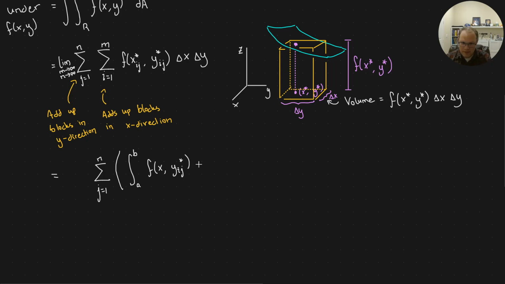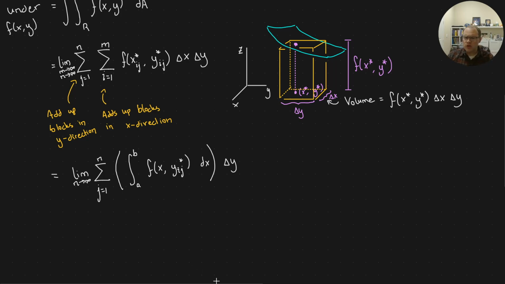We're holding the y fixed, but we're integrating with respect to x. So we have a single variable integral here. We've dealt with one of our limits, the m going to infinity. We still have to consider what happens when n goes to infinity.